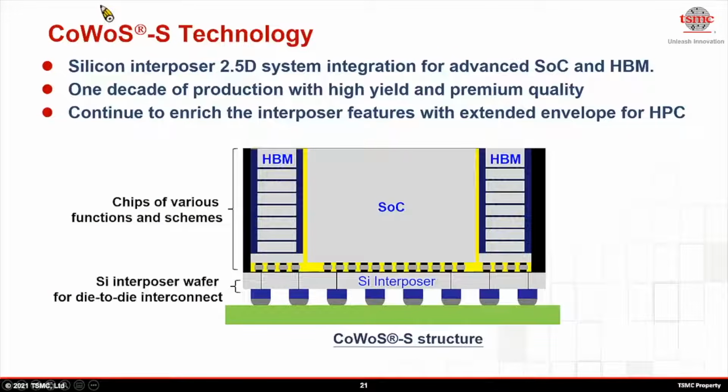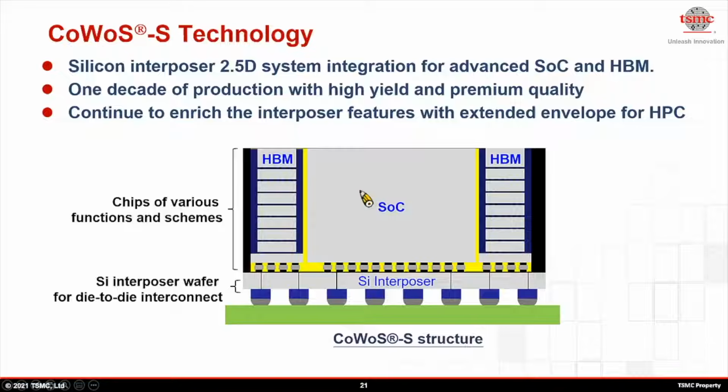In the next few slides, we'd like to update you on our CoWoS technology. Its general purpose is to integrate SoC chiplets and memories such as HBMs. With 1 decade of production, with high yield and premium quality, we continue to enrich the interposer features with extended envelope.